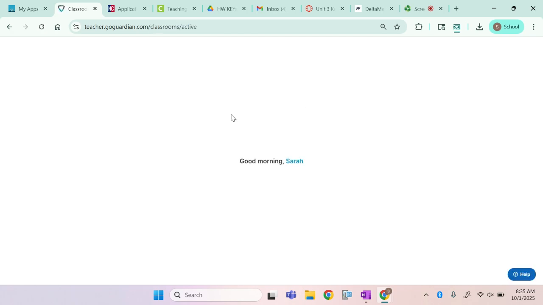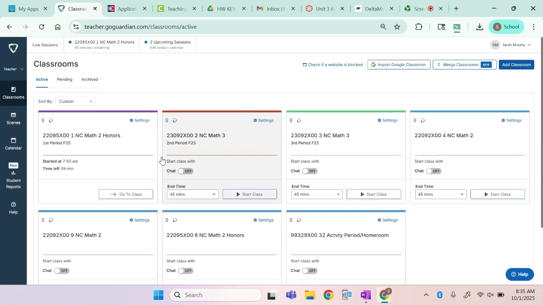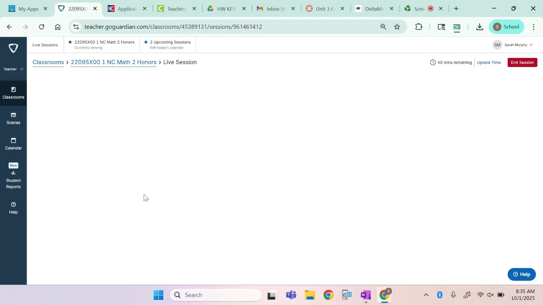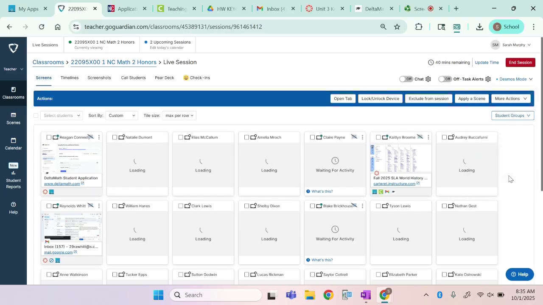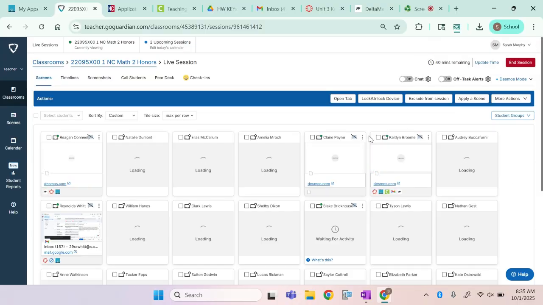All right, so what I'm about to do, it'll make Desmos automatically open for you. And this is the testing version of it.